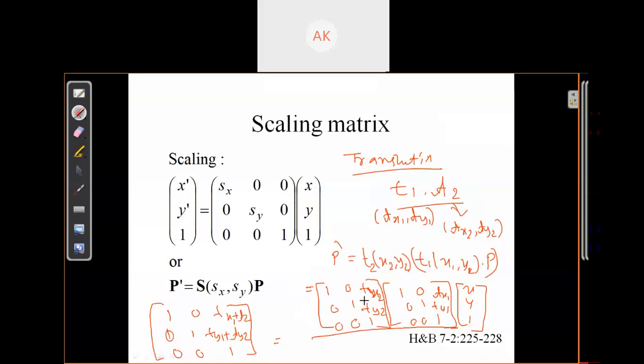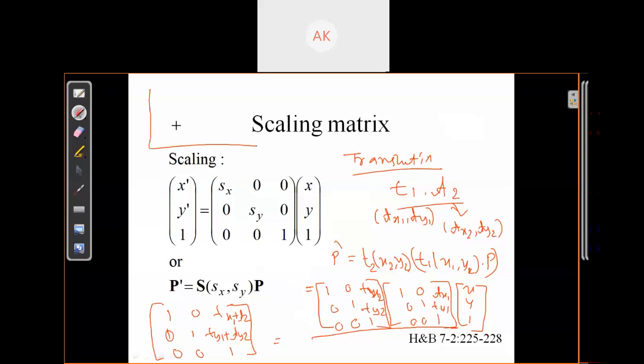This is the single matrix you get when you perform the two translations in a single shot. So with this matrix you get both translations for the same object.